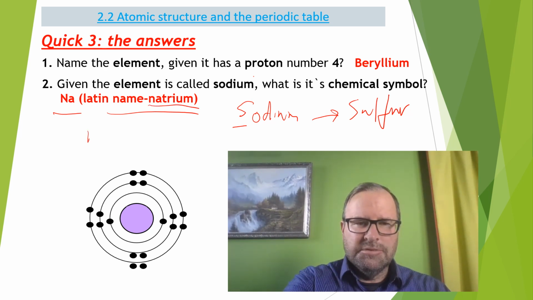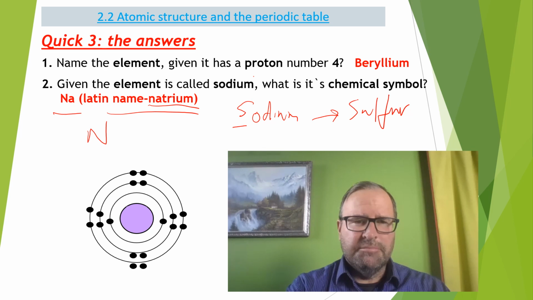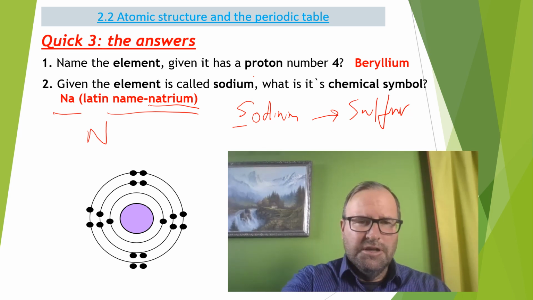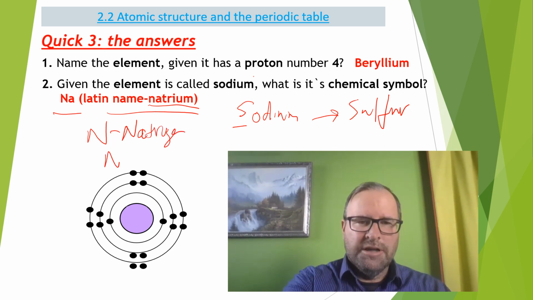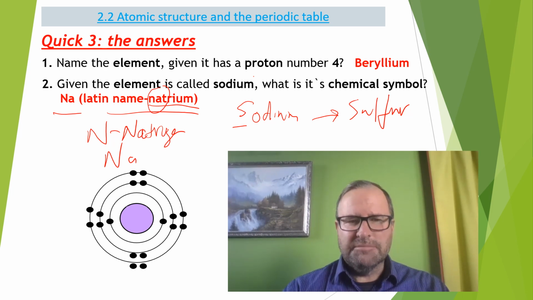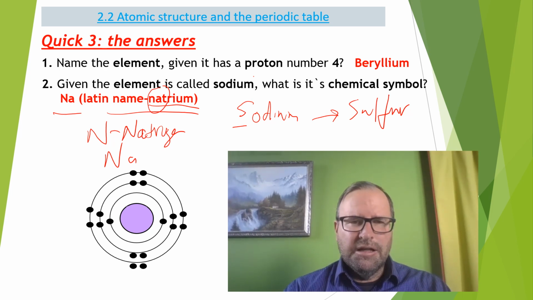Natrium's first letter is N, but that's been used for nitrogen. So then we had to go to the second letter, which is why it's called Na. That way we don't get a mix-up between nitrogen and sodium, so there's actual separation in terms of chemical symbols.